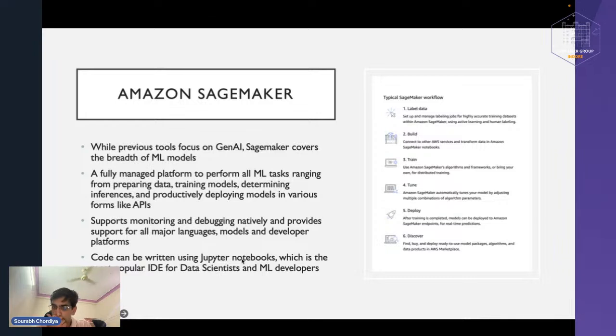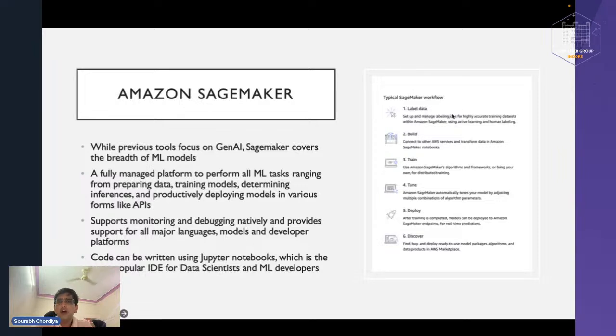Now Jupyter notebooks, if you are not familiar, is a place where you write most of these machine learning codes at the very basic level. It is a mix of normal English text, and you can also write the actual code here in Python, in other languages. It is available as part of SageMaker.